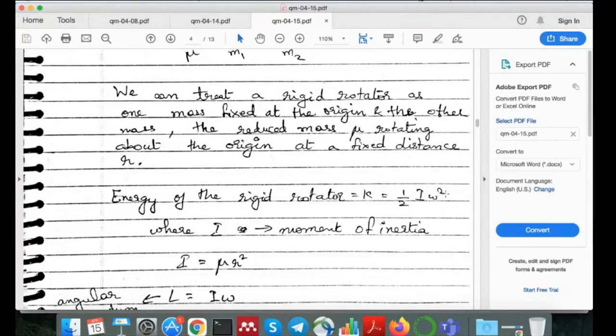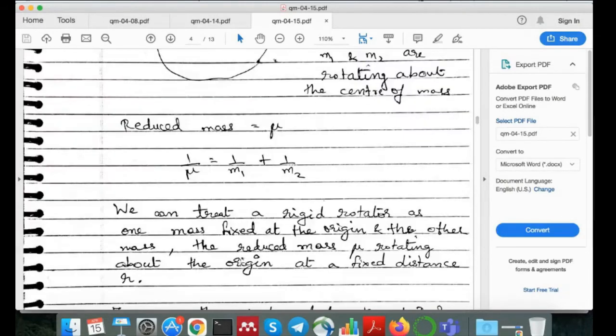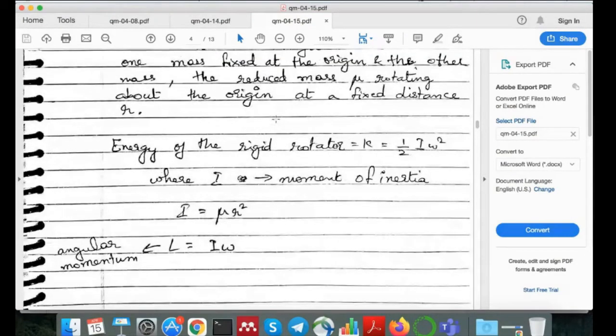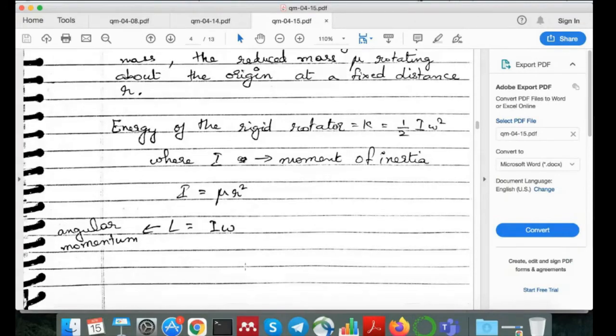I is given by mu r square, where mu is the reduced mass and r is the distance between m1 and m2. So everything here is known. If you want to look at just the angular momentum, that is L, and L is given by I times omega. This is something we already know from physics. We are not doing anything new here.